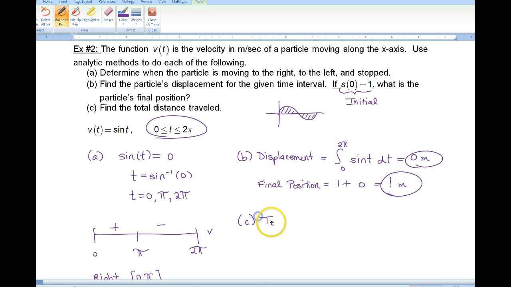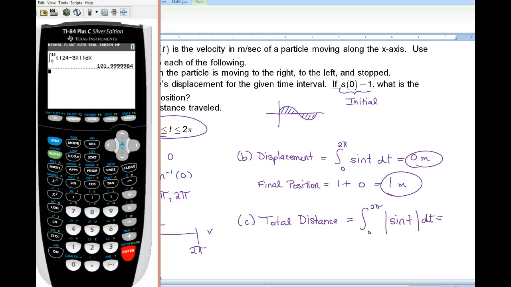And then finally, for total distance. Now, because the part that goes below counts as positive now. So from 0 to 2 pi. Should get 4.